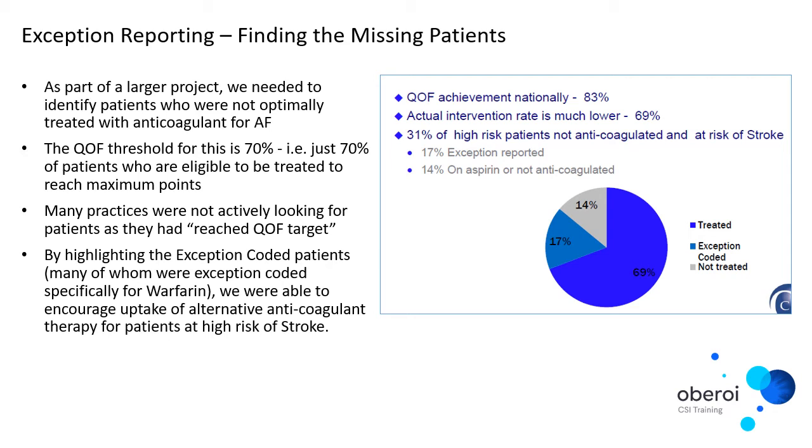You can see there 17% had been exception reported and 14% were either on aspirin, which isn't part of the guidelines anymore, or not anticoagulated at all. By highlighting these exception-coded patients, many of whom were exception-coded specifically for warfarin, we were able to encourage uptake of alternative anticoagulation therapy for patients at high risk of stroke. I think that points out how important it is to understand these exception reporting codes.